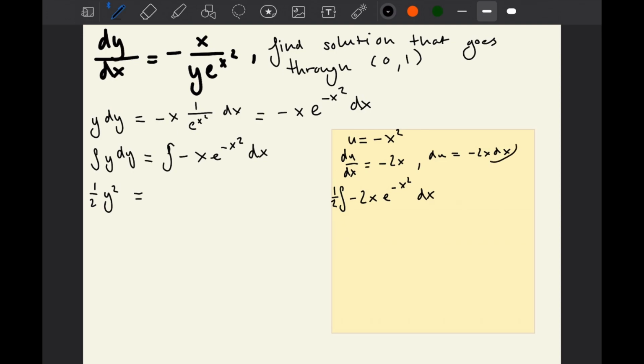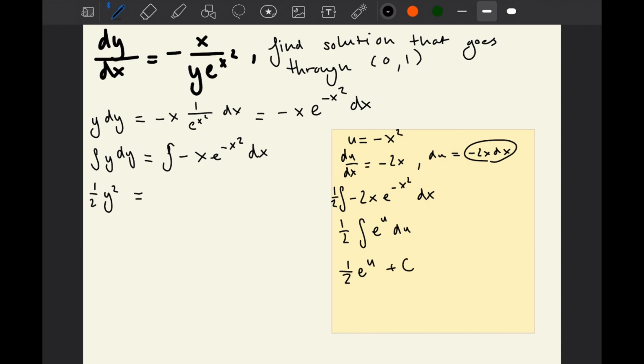And if you recognize this and how it's over here, this is just du, so we're going to end up having 1/2 the integral of e to the power of u du. So we're just going to have 1/2 e to the power of u plus a constant.